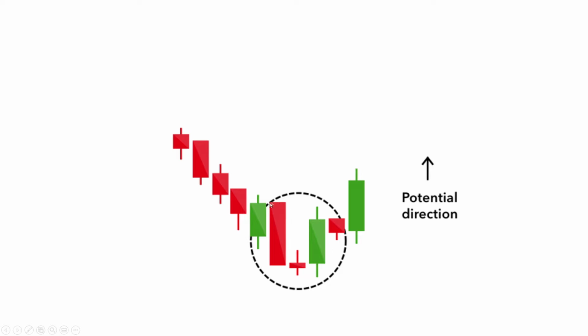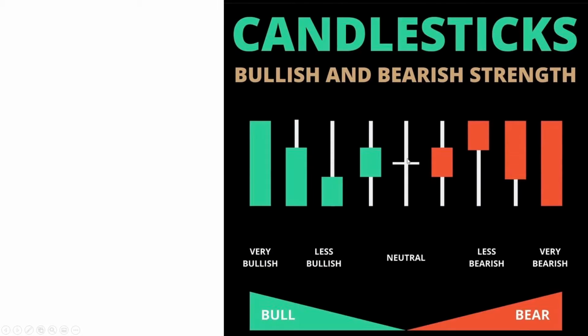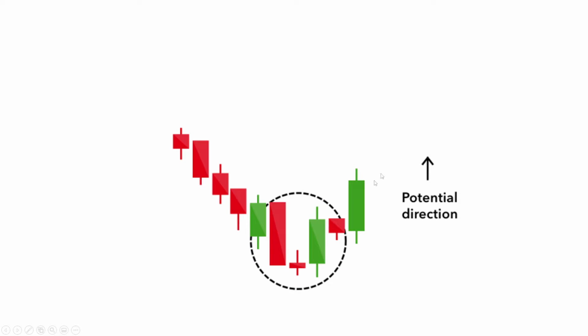So this is a very weak chart, how the price is coming down. But as we can see, we have a reversal right here. We can see this indecisive candle, which is a neutral signal. We're saying, okay, it's been really aggressive throughout this move here, but all of a sudden we get this indecisive candle, and then we get a really strong green candle, and then we can predict that the price potentially will go up from here.